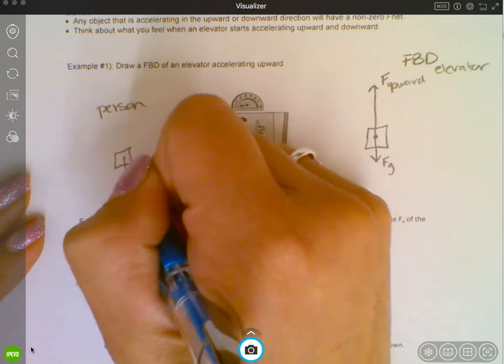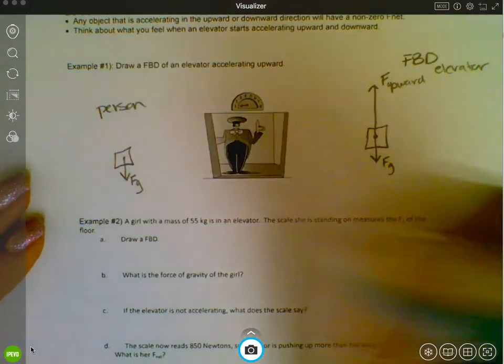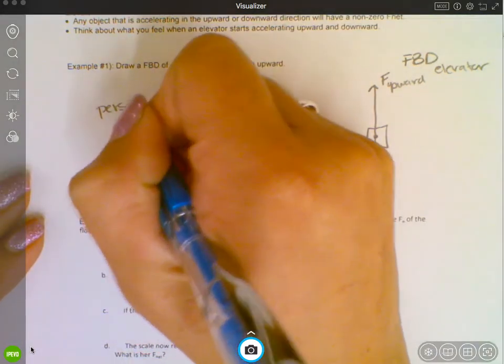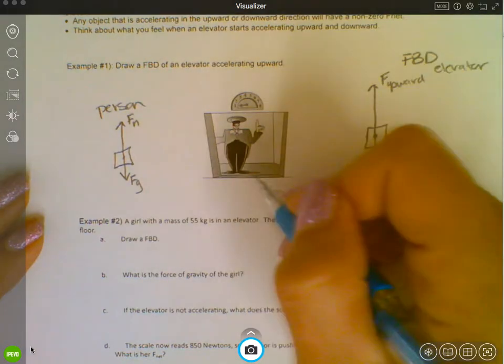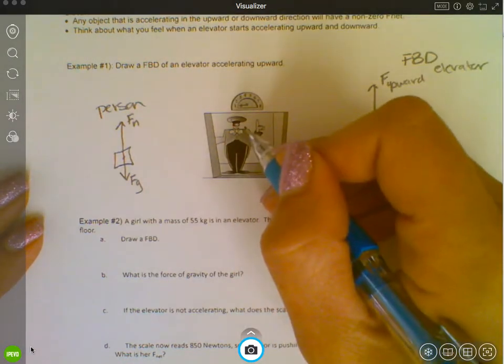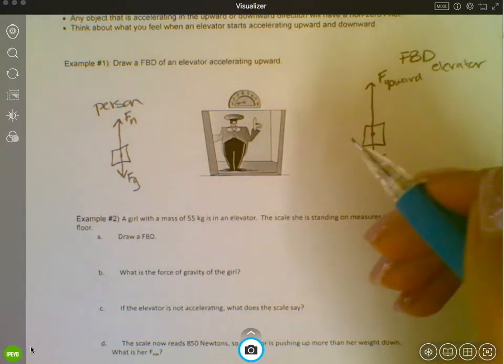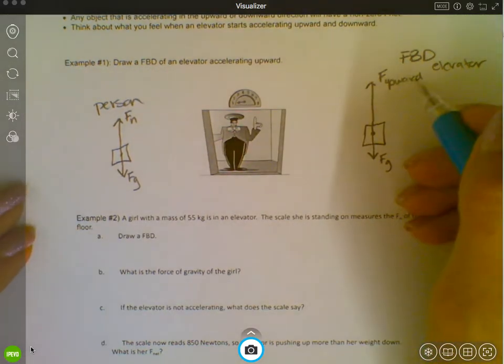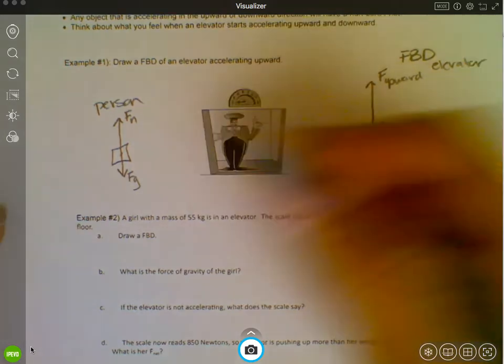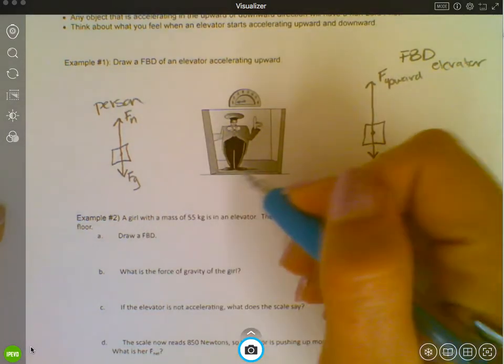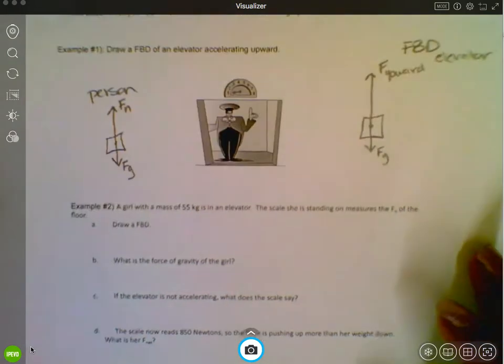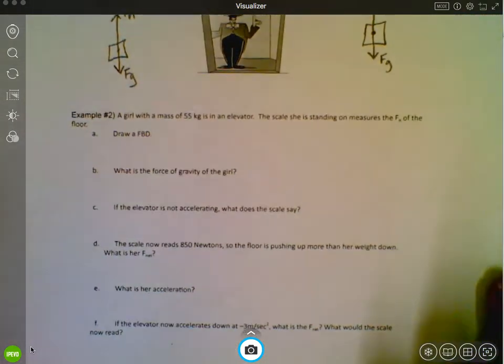The person has weight, and the upward force is actually the normal force of the floor of the elevator pushing up on the person. For the elevator, it's probably a tension force from the cable, but on the person, it's just the normal force from the ground pushing up. So usually in these problems, the upward force is the normal force.